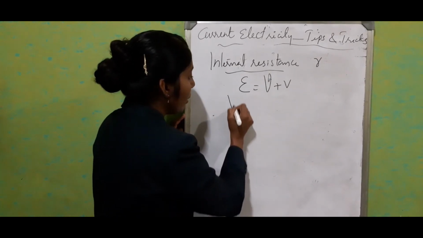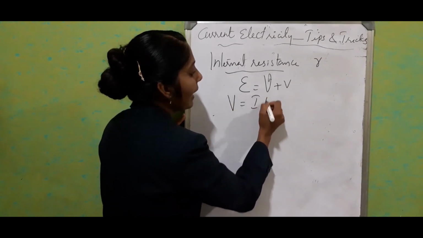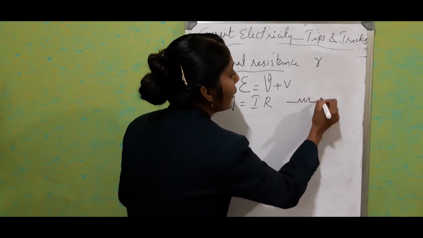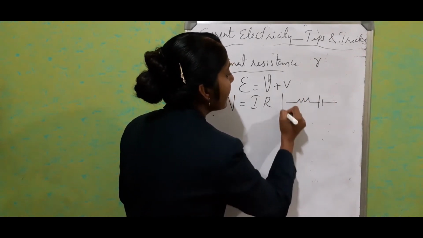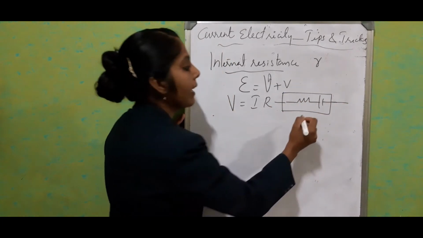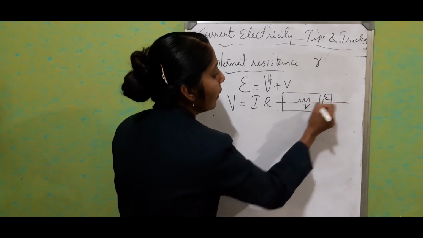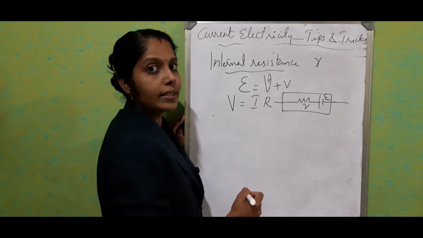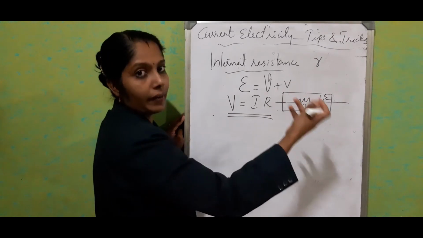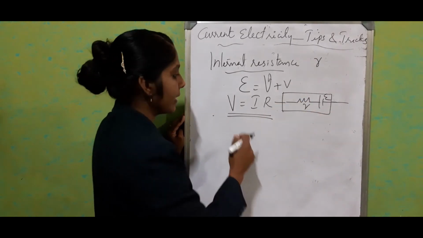We studied Ohm's law, V is equal to I into R. This equation can be rewritten when we include this internal resistance.